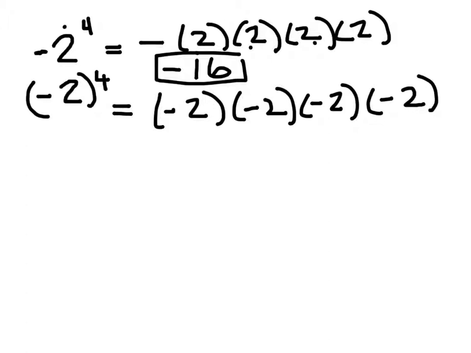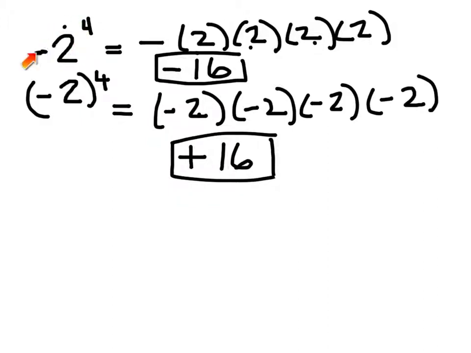That will make an even amount of negative numbers being multiplied, so I know that my answer will be positive. 2 times 2, 4, times 2, 8, times 2, 16. So once again, the difference between these two is that in this one, I'm only raising the power to the 2, not to the minus. And in this one, it's to the minus and the 2.